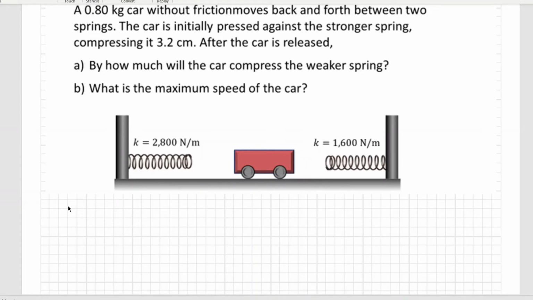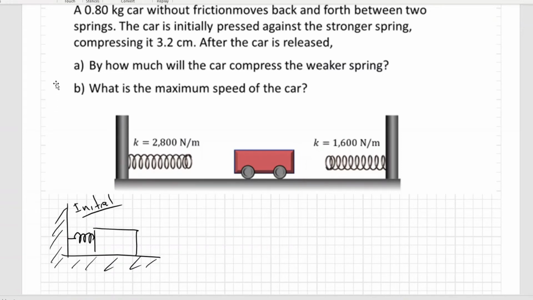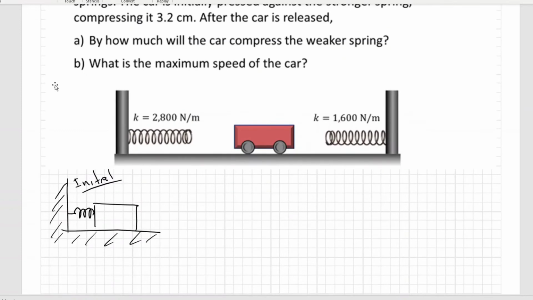So let's choose as the initial time the moment when the car was pressing against the stronger spring on the left side. So at this initial time, the compression for spring 1 was 3.2 centimeters. That's the maximum compression of that spring.